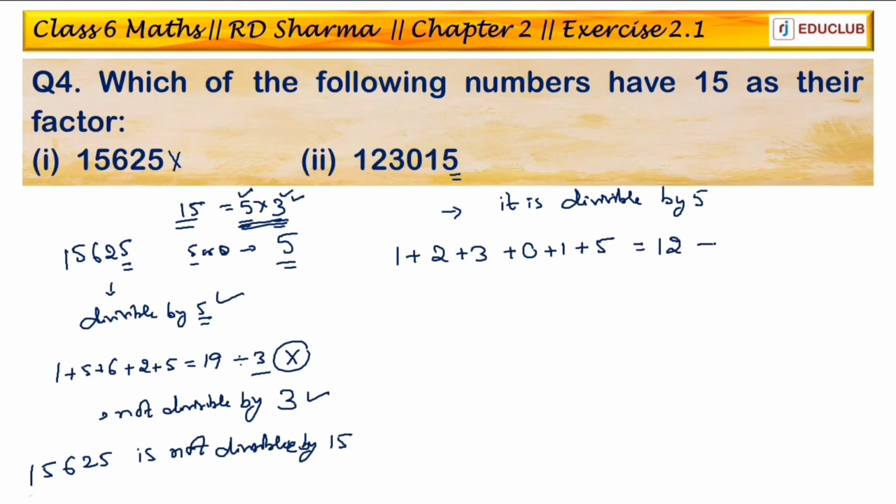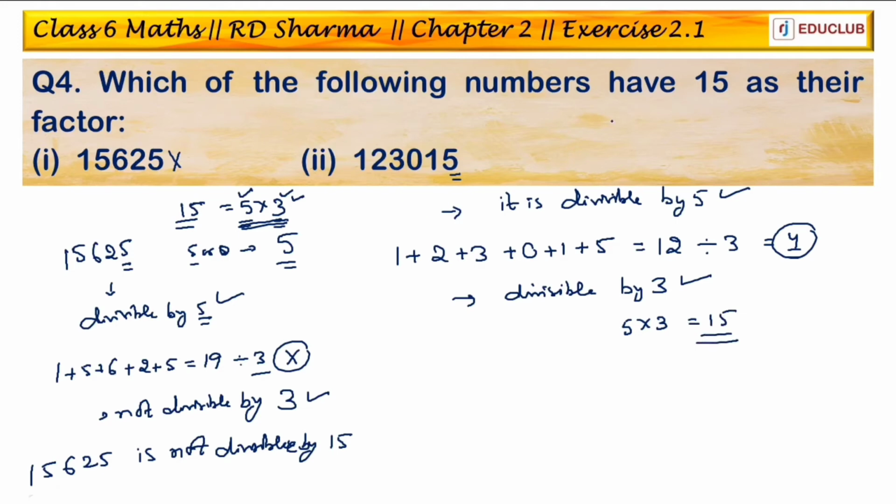Now 12 is divisible by 3 because 12 divided by 3 is equal to 4. Completely divisible. So this is divisible by 3 also. Now this is divisible by 5 and this is divisible by 3, so it will be divisible by its multiple also. So it will be divisible by 15.